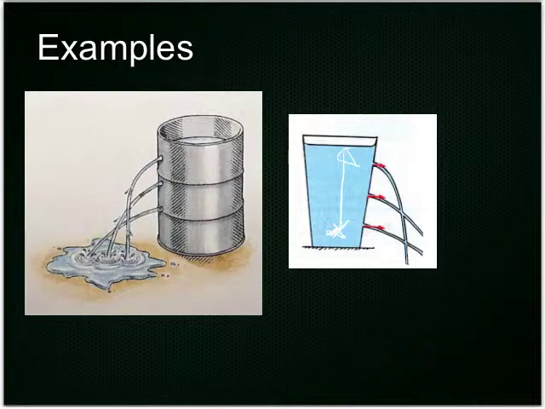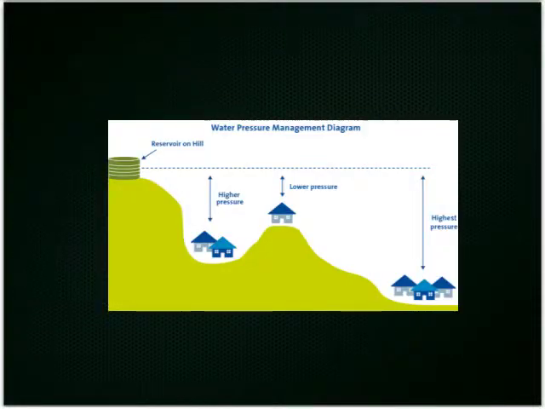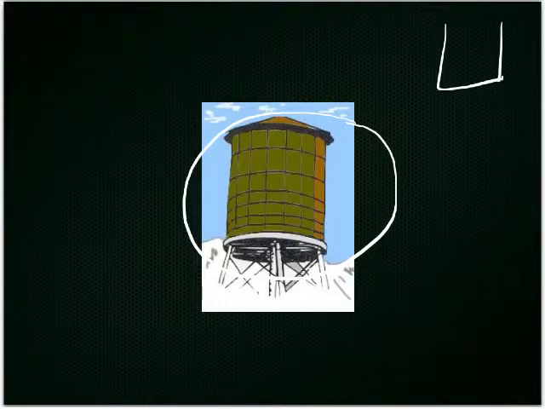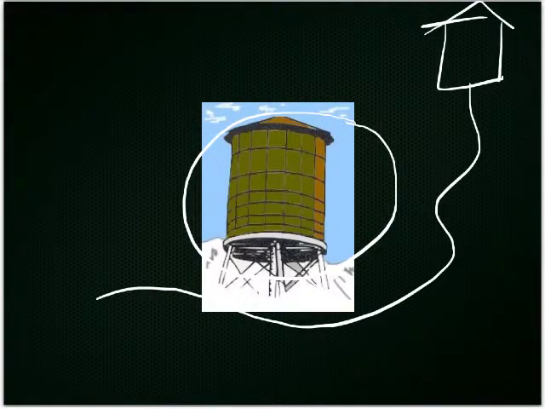So the greater the height of fluid above the point, the greater the pressure. And that's the idea of these objects, okay, that you want to get water as high as you can for a town system to get the greatest pressure in your shower.